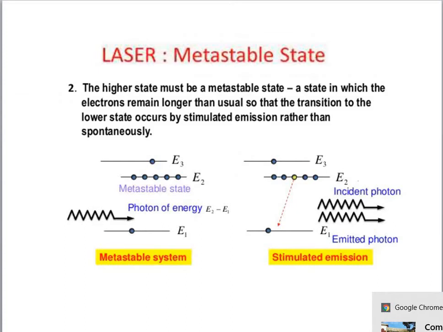In the metastable state, normally the metastable states are excited states of atoms or ions. Suppose the medium contains atoms or ions. This metastable state is an excited state which has a relatively long lifetime compared to the normal excited state.